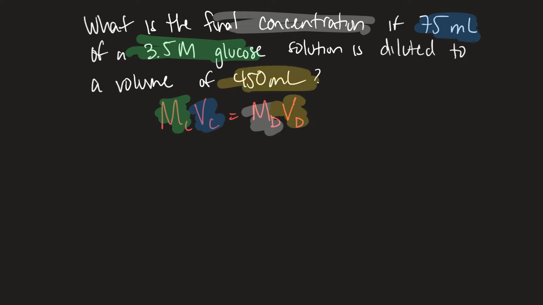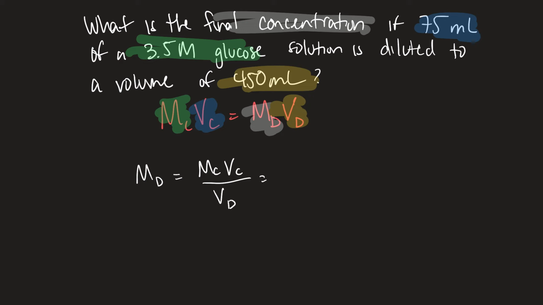So that's my VD here. Ultimately I'm looking for MD, so I'm going to rearrange this equation to solve for MD. MD, the concentration of the diluted solution, is equal to MC times VC over VD.